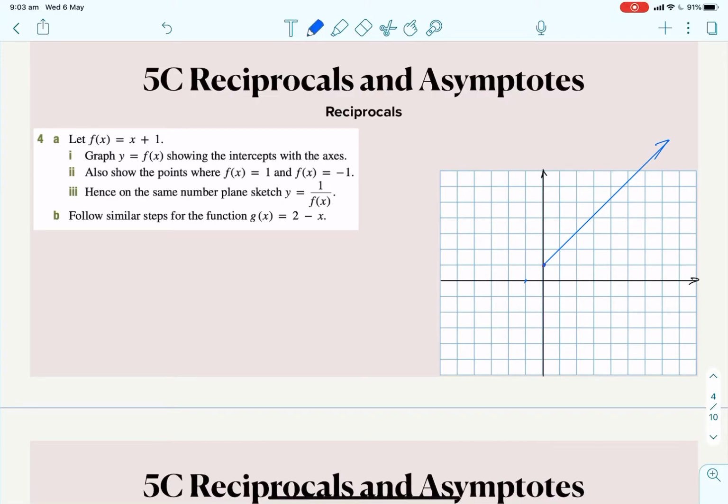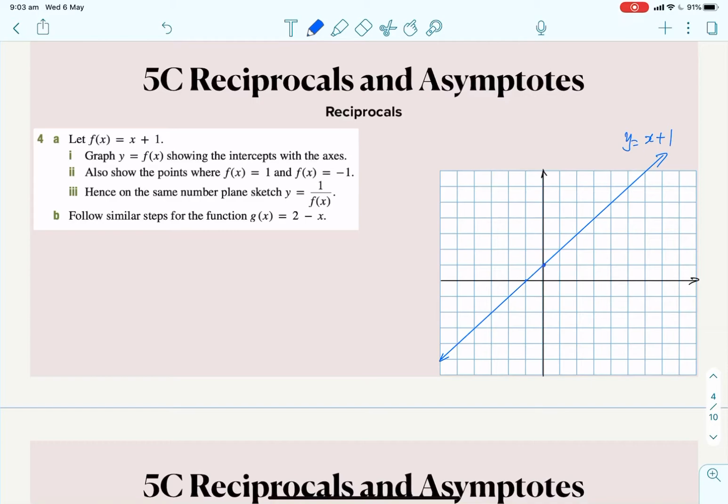I hate that. Sometimes they do really weird things. Okay, so like this. Oops, I messed up the other one too. Not again. Technology, hey? Okay. Right, this is y equals x plus 1.